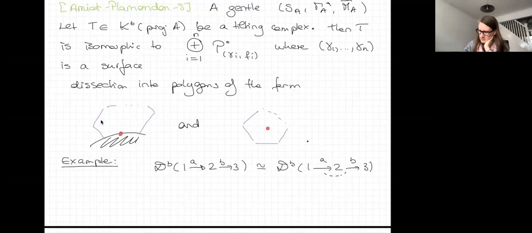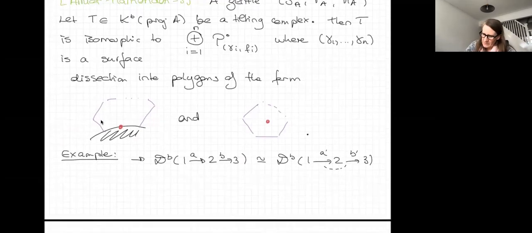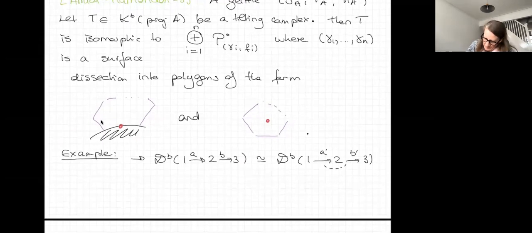Or maybe I should call that A prime, B prime. Okay, so this is the algebra we start with. So what is the surface? We've drawn it many times. So now we want the surface in terms of the black graph here.